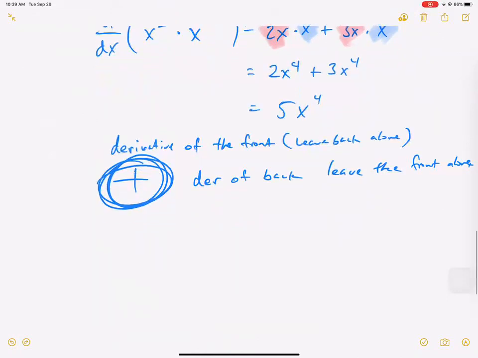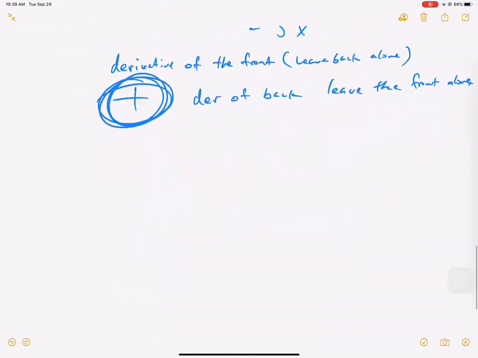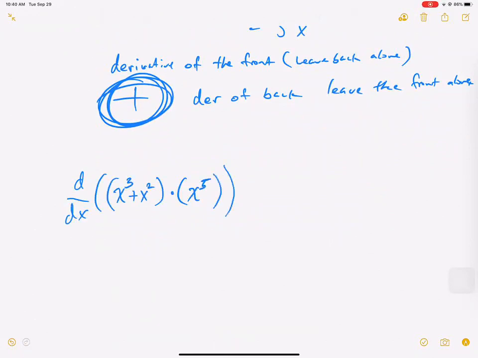Okay, let's try another problem. d over dx of x cubed plus x squared, times x to the fifth. Let's do this by distribution and multiply it out.